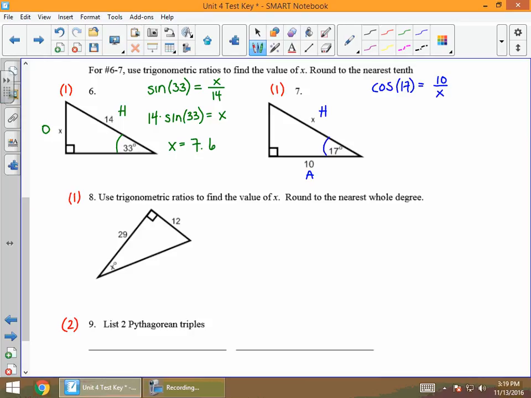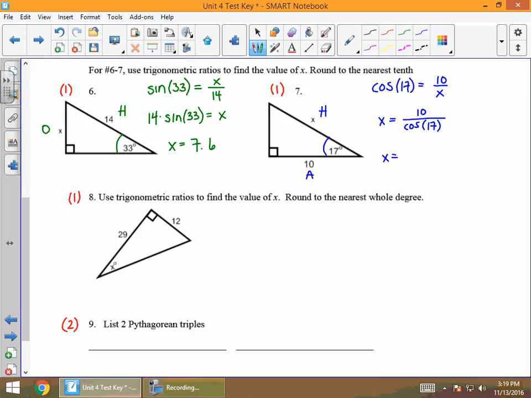This is one of those cases that we talked about many times, where the variable's in the denominator. So I'm going to do the old switcheroo here. Cosine of 17 and x will switch places. So x is equal to 10 is still on top, but now cosine of 17 is my new denominator.